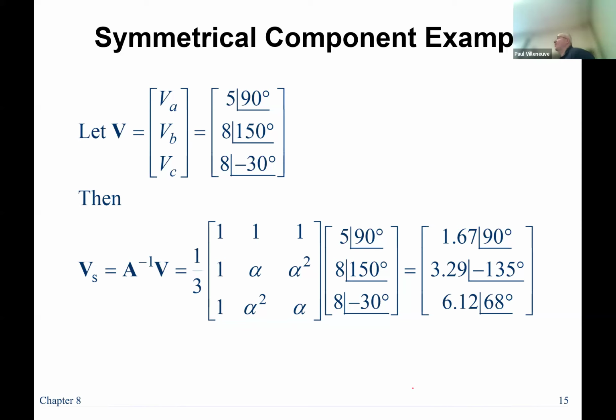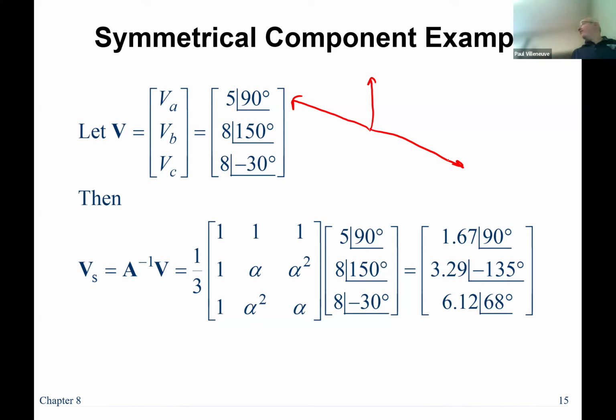That's only 60 degrees away from phase A, and it's 180 degrees from there. So if I was to draw that, I would say this is 5 at an angle of 90. 8 at an angle of 150 is something like over here. And 8 at an angle of minus 30, something like that over there, right? That's what the three phases look like. Clearly not a balanced set of phasors.